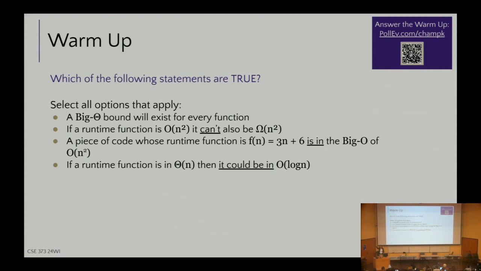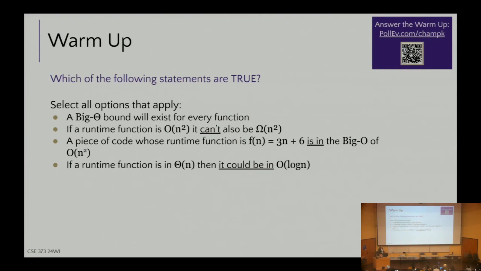Thumbs up for yes, thumbs down for no. Wow, okay, great. Y'all didn't even have to cheat off each other that time. I agree, thumbs down. That's not the case. Logarithmic is a slower growing function, meaning a faster running piece of code, so it cannot upper bound linear.